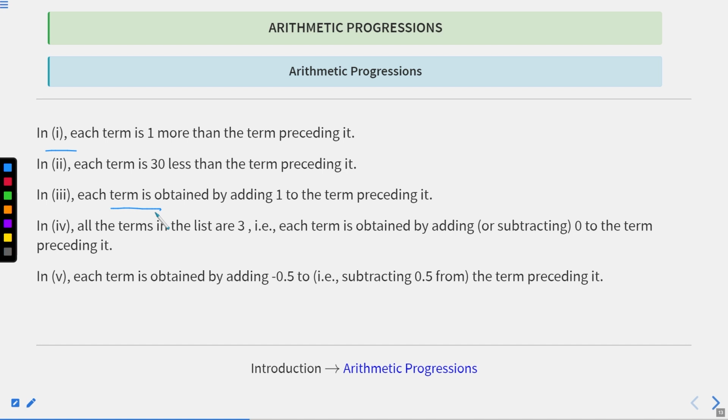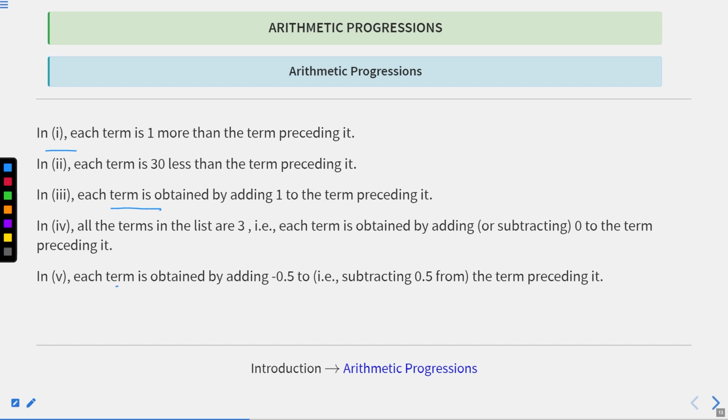And in the fourth, all the terms in the list are 3, so each term is obtained by adding or subtracting 0 to the term preceding it.